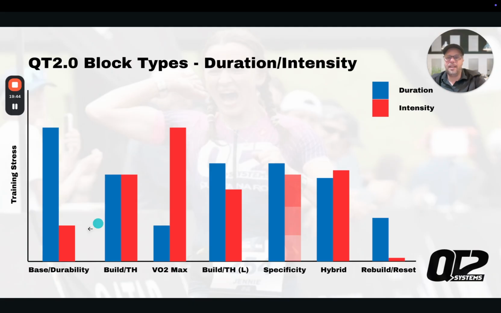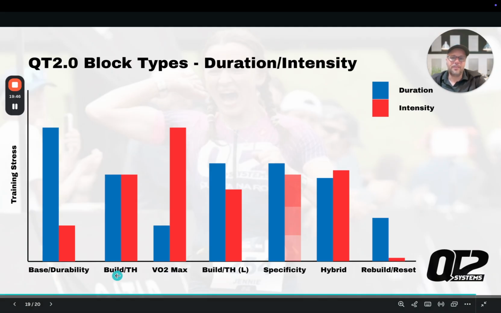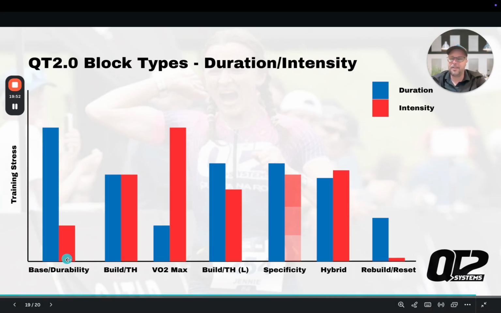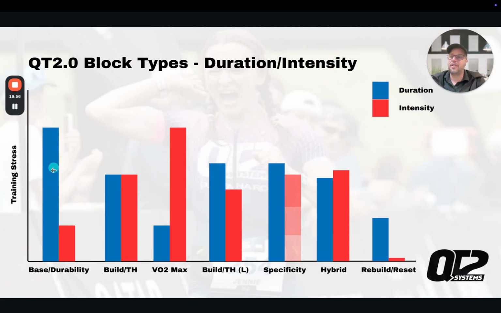And on the x-axis, we have the different block types. As you can see, when intensity is low, like for example in a base durability block, the duration can be high, and we can allow a lot of fatigue to accumulate, and we can grow fitness relatively quickly because we don't have to worry as much about the workout quality of the block.